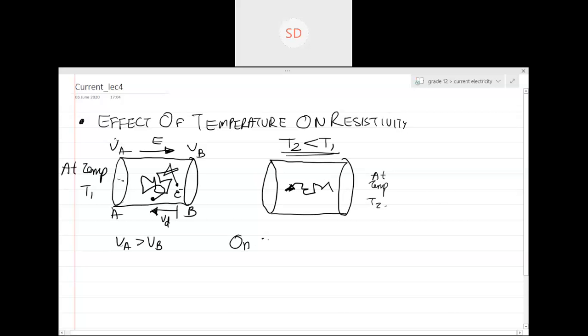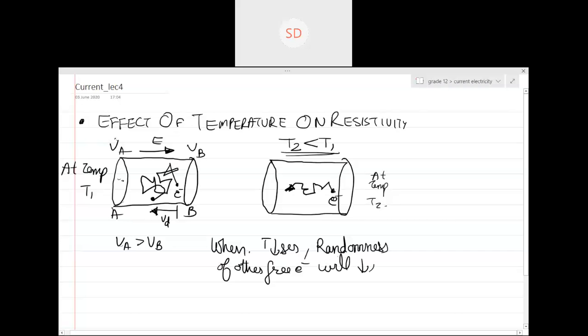On decreasing the temperature, what will happen? The randomness of the other free electrons, with which this electron was colliding, will decrease. Yes or no?